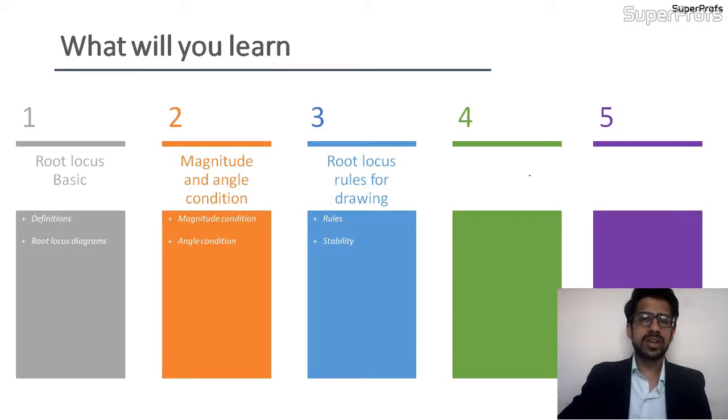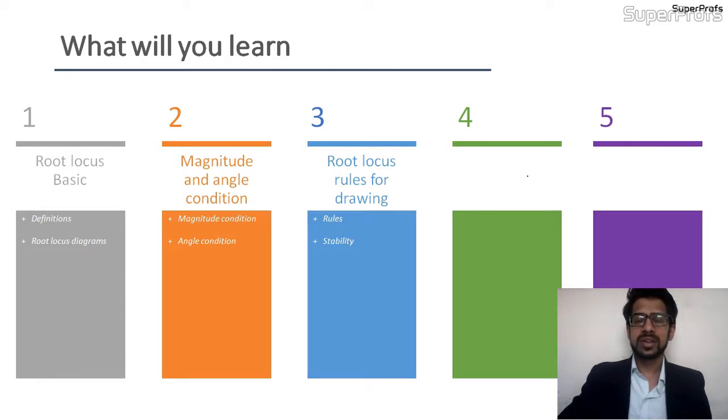Let us see what you are going to learn in this particular session. Initially, we will be going through the basics of root locus. We will be seeing the definitions and understanding behind the root locus technique. What exactly is a root locus, that we will see. Also, we will see some of the conditions which are required for a root locus to stay valid. And as I already mentioned, the root locus technique is a geometric method.